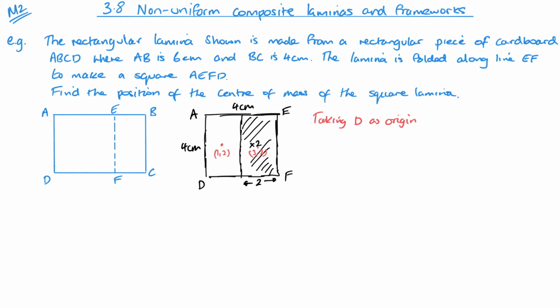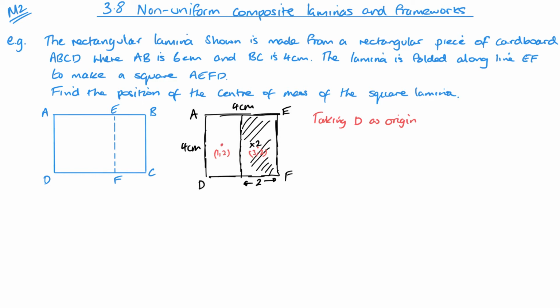Now, I don't have too much to worry about in terms of the y value, as they're the same, so they'll stay the same, but I'll do it as if they're different, just so that you can see how you approach this.